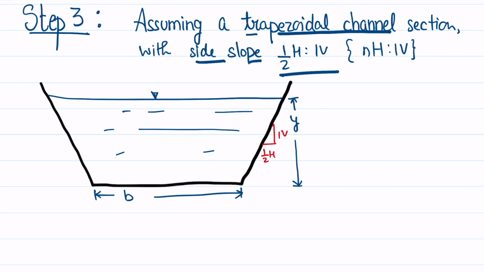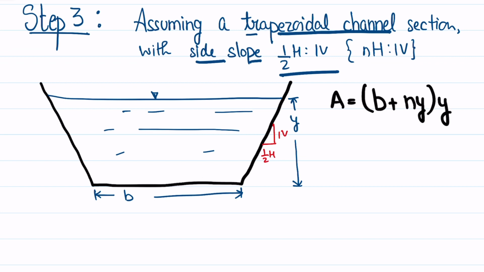Correct? So what is the area of a trapezoidal channel section? Now, if we talk about the formula, the area is given by (b plus ny) into y.